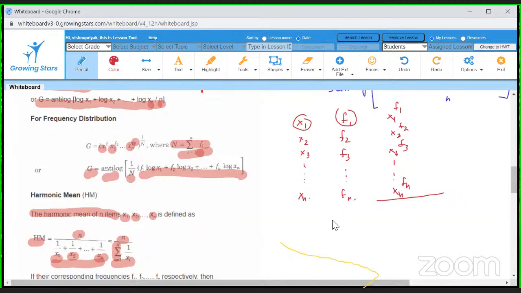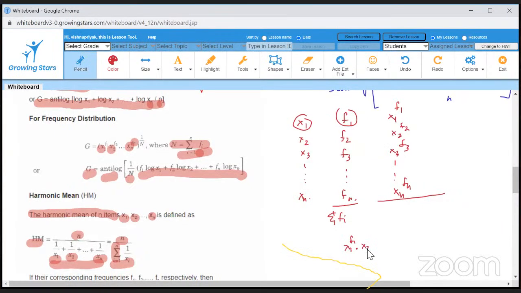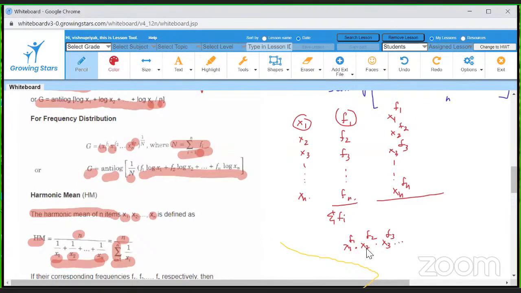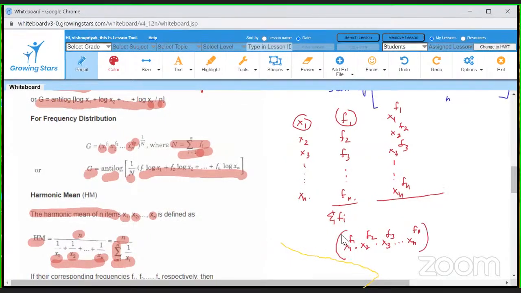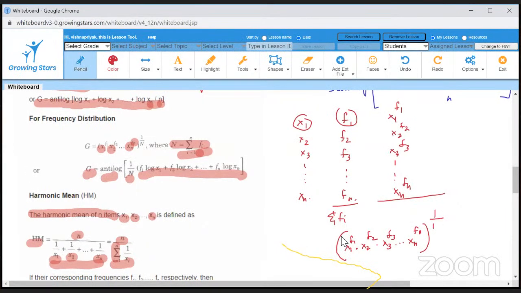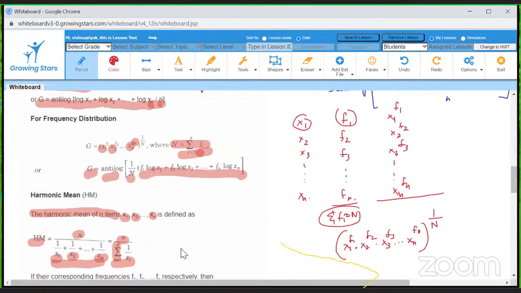Then take the nth root, or the whole power 1 by n. What is this n? N is nothing but sigma fi. In place of n, you write the sum of the frequencies. That is the formula for a frequency distribution.